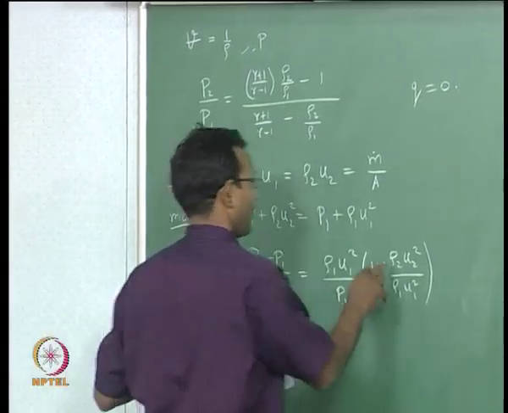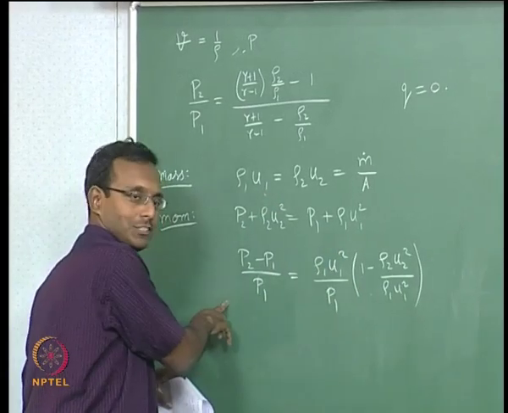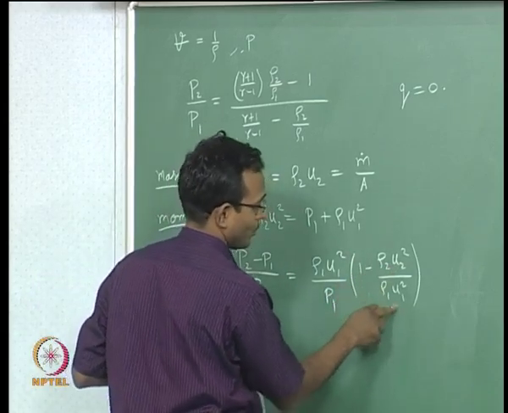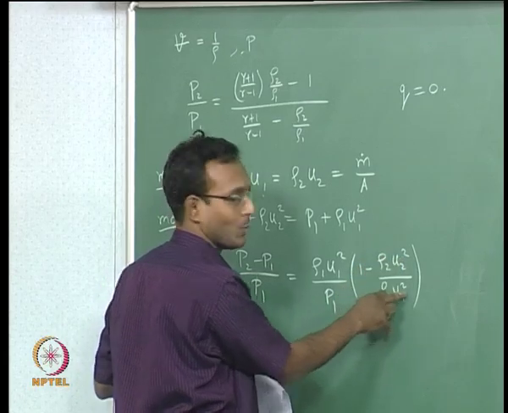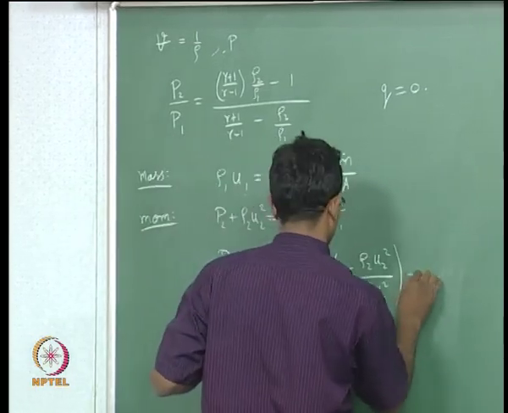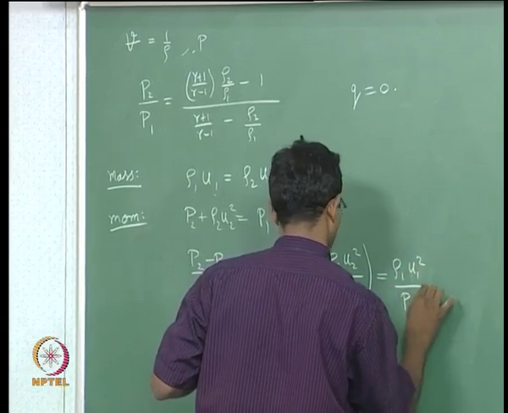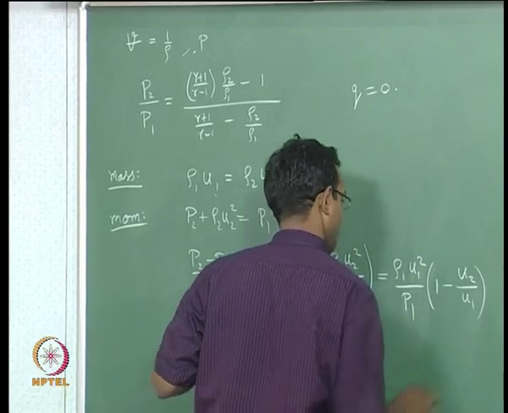Okay. Now I am going to use the mass equation inside this. Till now this is only the momentum equation rearranged. Now I will use the mass equation inside here, rho 2 u2 equal to rho 1 u1. So I will cut off rho 2 u2 from here, only u2 will remain, u1 will remain. So I am going to write this as rho 1 u1 square by P1 into 1 minus u2 by u1.